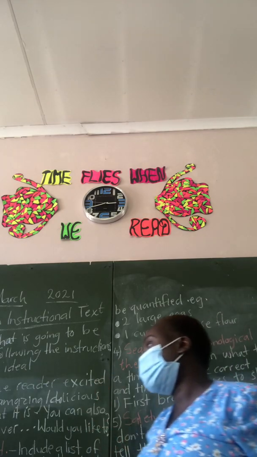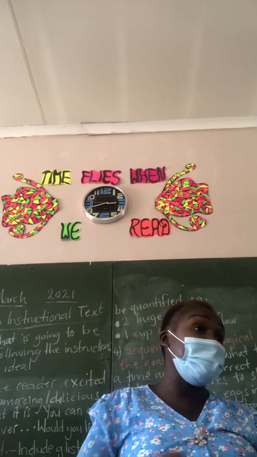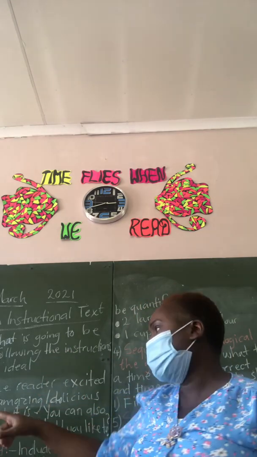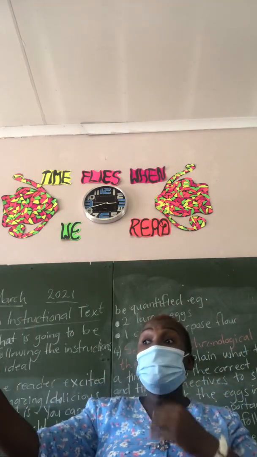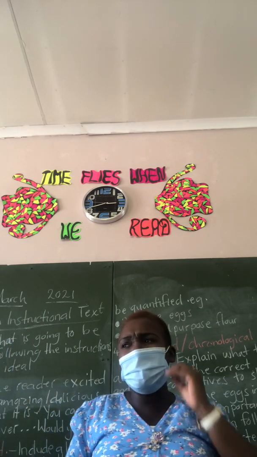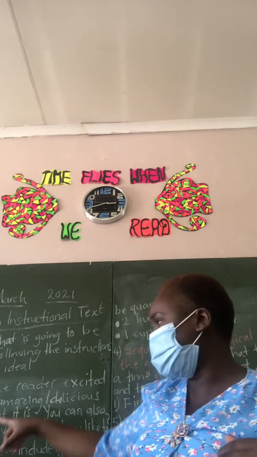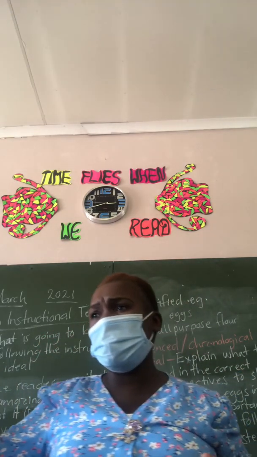And then the introduction is followed by the materials or equipment needed. This vocabulary, materials, equipment, depends on the kind of text that you're writing about. Let's say you're baking a cake, Taiba. What did you say as the subheading for this part? If you're baking a cake, you would say what? Instead of saying equipment, you would say?